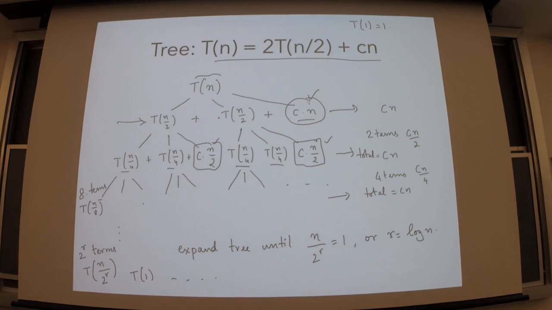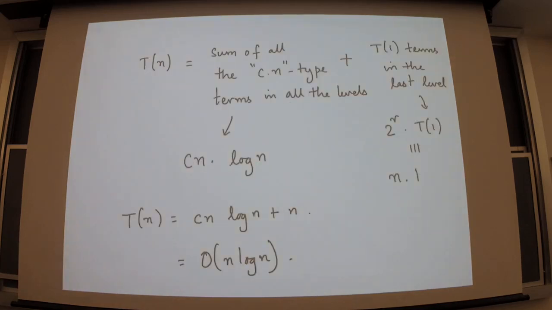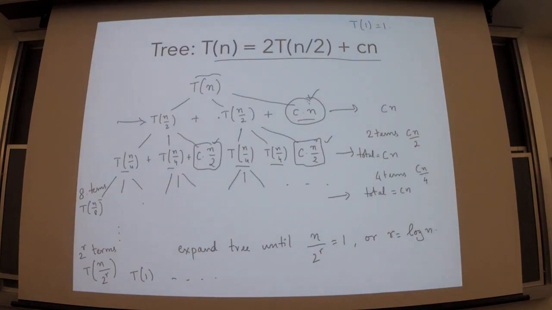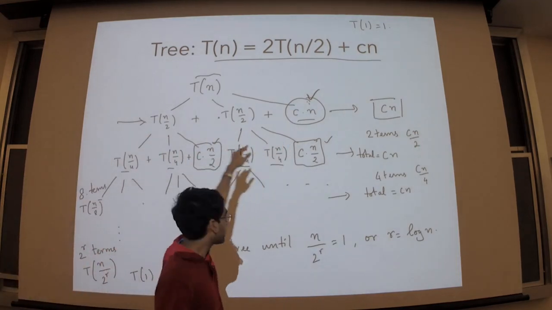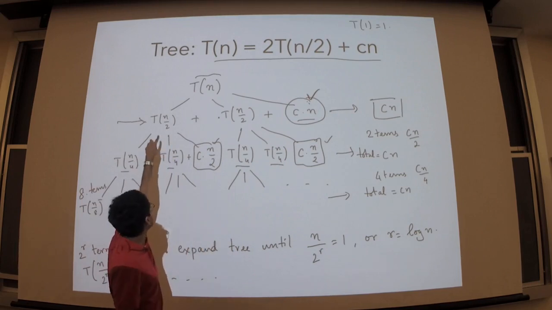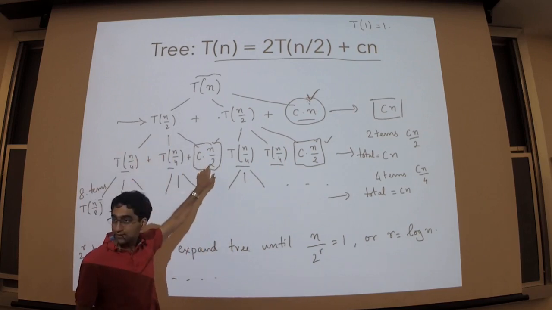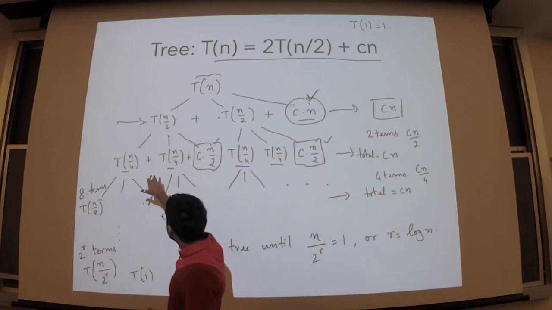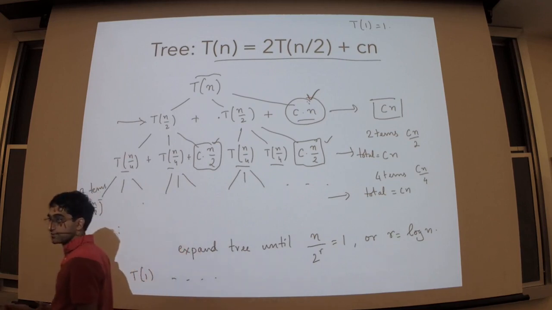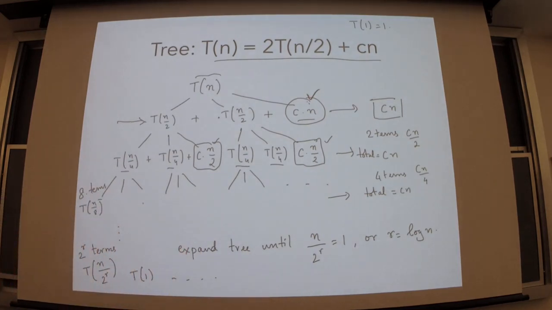Why is it Cn log n? I mentioned that T of n is T of n by 2 plus T of n by 2 plus Cn. Likewise, when you're computing T of n by 2, you'll have this extra term. In this level, there are two extra terms each being Cn by 2, so their sum is C times n.